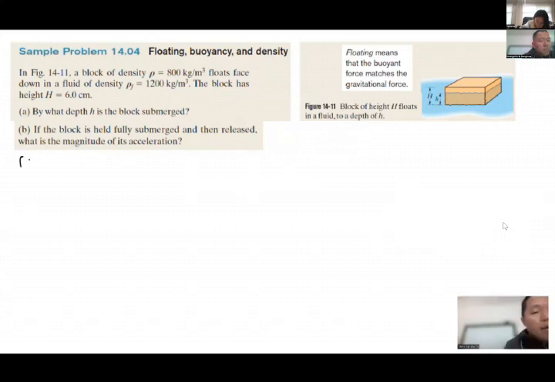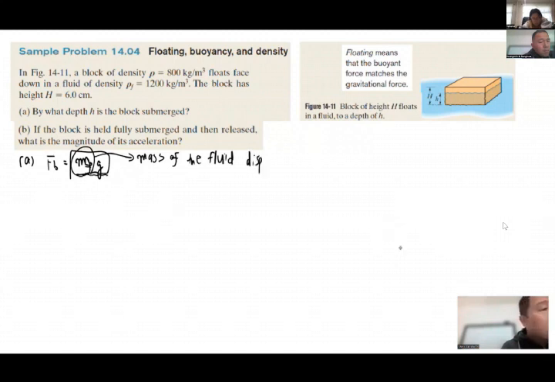So for part A, the buoyant force is the effective force, or effective mass, of the volume of the fluid replaced by the block. Here m_f is the mass of the fluid displaced by the submerged portion.